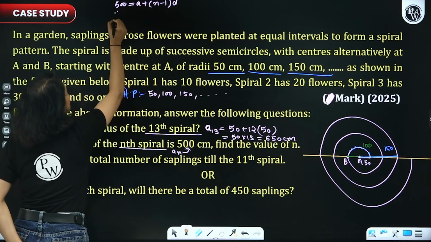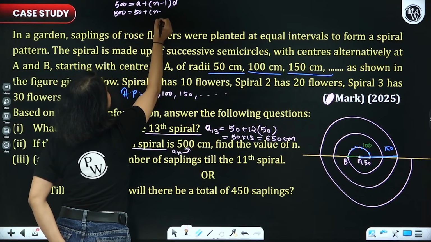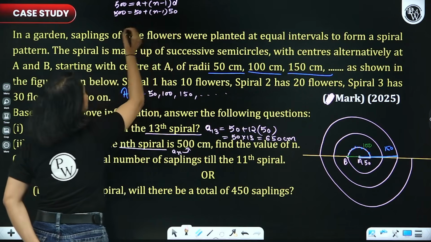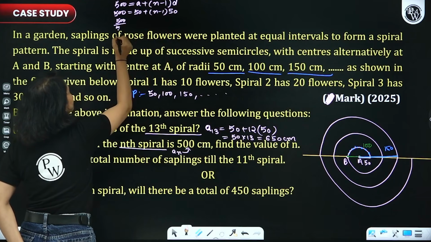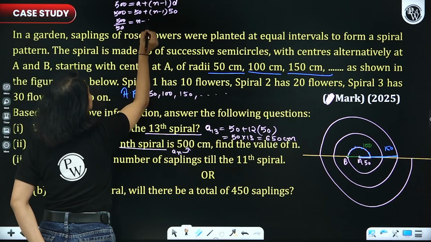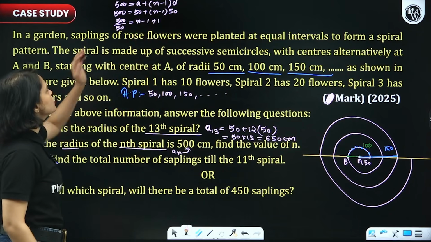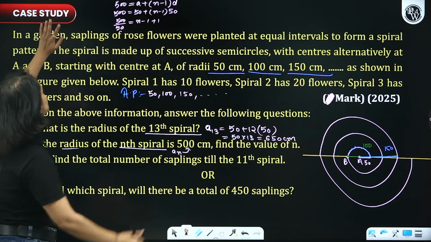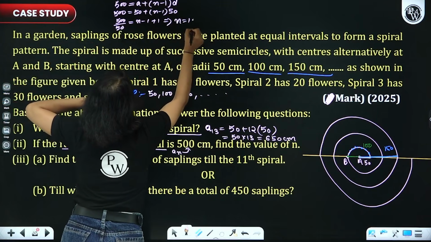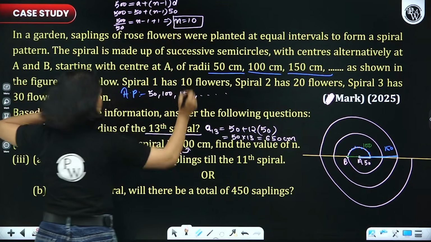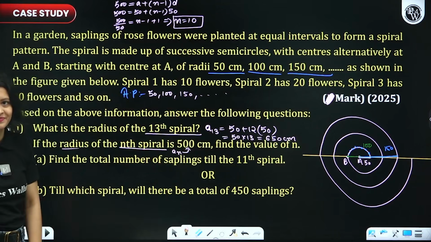You know a is 50 and d is again 50. Taking 50 common and moving it to the left hand side, 500 divided by 50 equals n minus 1 plus 1. So the value of n is 10. The 10th spiral has a radius of 500 centimeters.